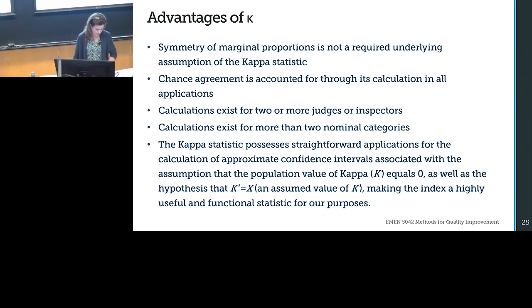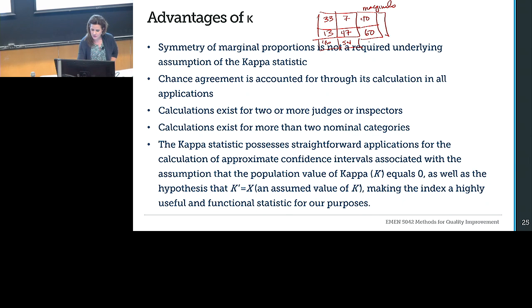All right, so here are some advantages to using this: you don't have to have symmetry of marginal proportions. If you remember, we have our little contingency table here, with 33, 47, 7, and 13, and then our marginals out here: 40, 60, 54, and 46.